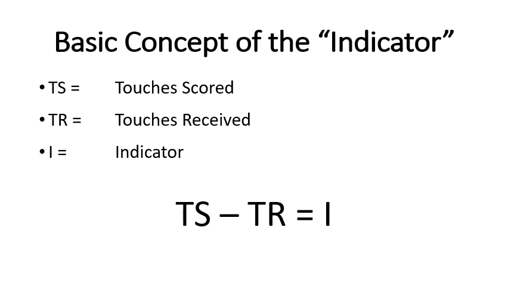We simply take the touches scored and the touches received, recorded for every bout, and look at the difference between them. By subtracting the number of touches received from the number of touches scored, we arrive at a number called the indicator.